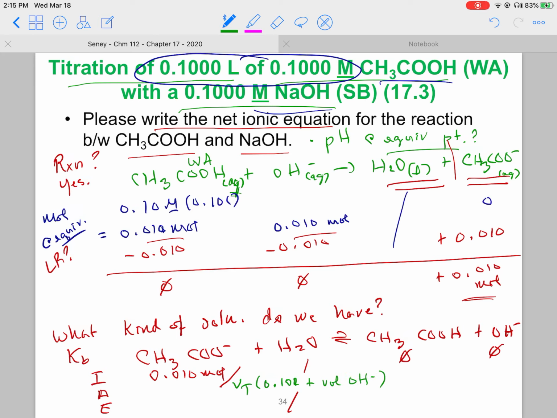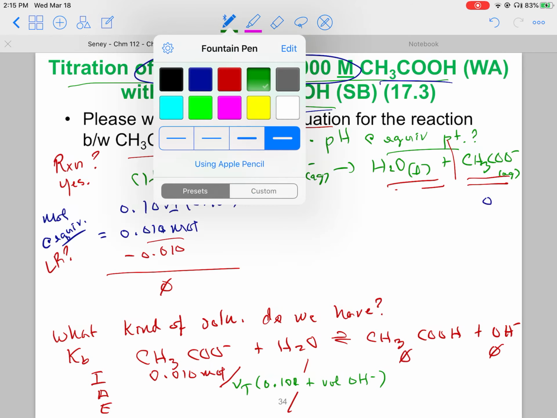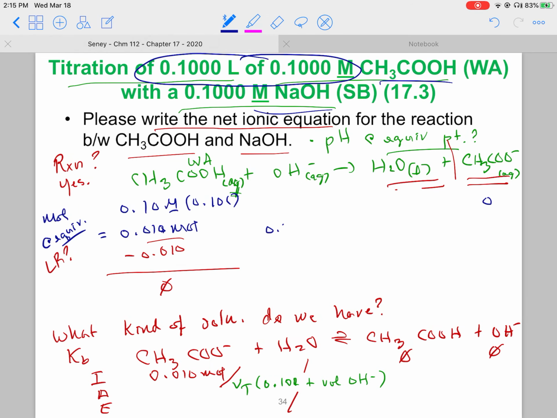So to figure out the volume of that hydroxide, I need to go back to that equivalence information. So I'm going to come over here and get rid of some of this top information so we can do that, since you will already have this on the video or in your notes. And so now to find out what that is, I'll come back to blue and I'll have 0.010 moles. Now notice, we know a couple things. We have the number of moles. We want to know how much volume was delivered.